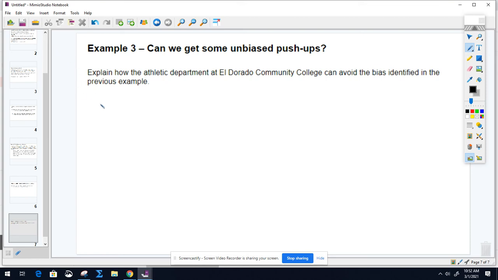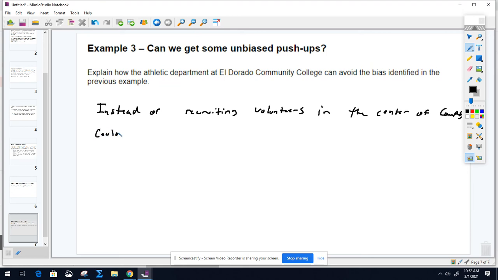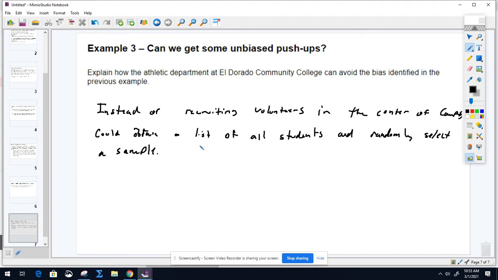So instead of recruiting volunteers in the center of campus, the athletic department could obtain a list of all students and randomly select a sample. Could choose 100, could choose 200, could choose 1,000, for the physical fitness test.